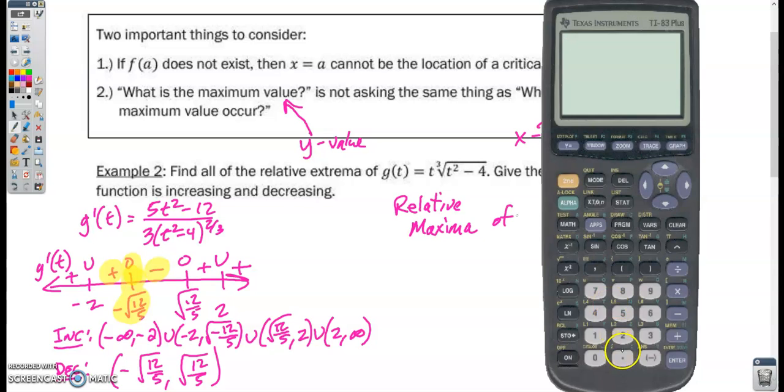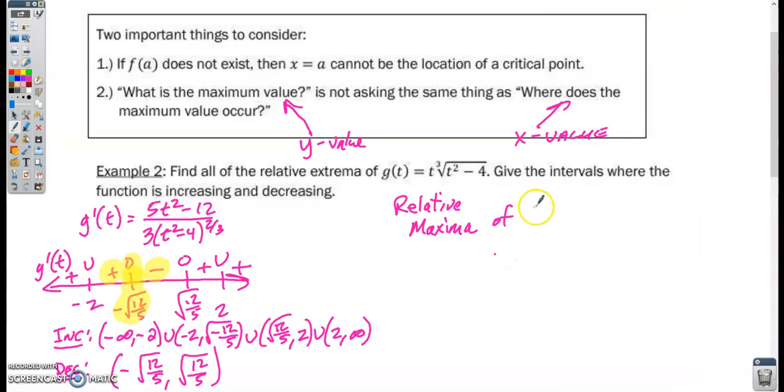And so I've got negative square root of 12 over 5 times the cube root of, you know what, negative square root of 12 over 5 squared is just 12 over 5. And we get a value of 1.812.